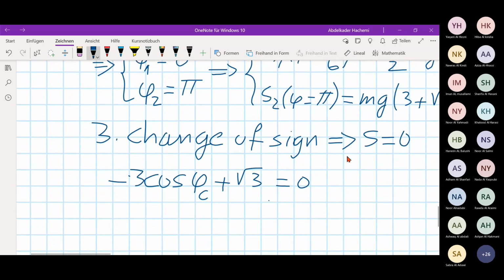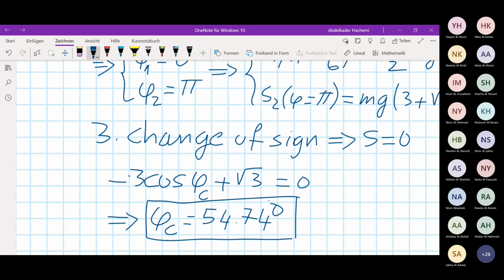Then from this one, we get phi C equal to 54.74 degree. Then it means from 30 degree until this angle, the rod will be under traction. After this angle, the rod will be under compression.